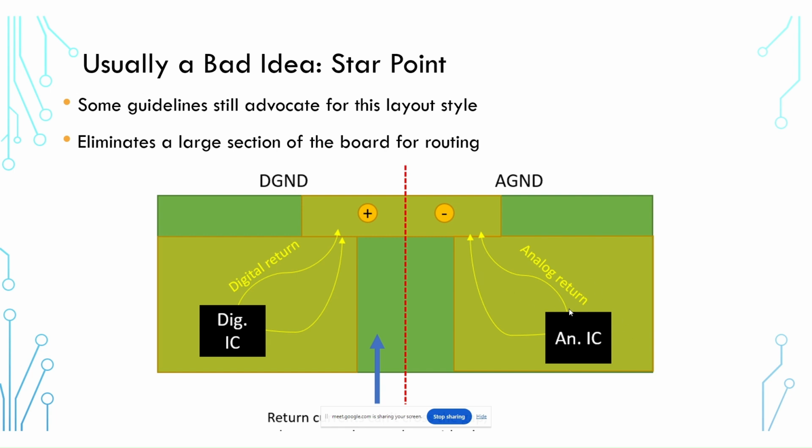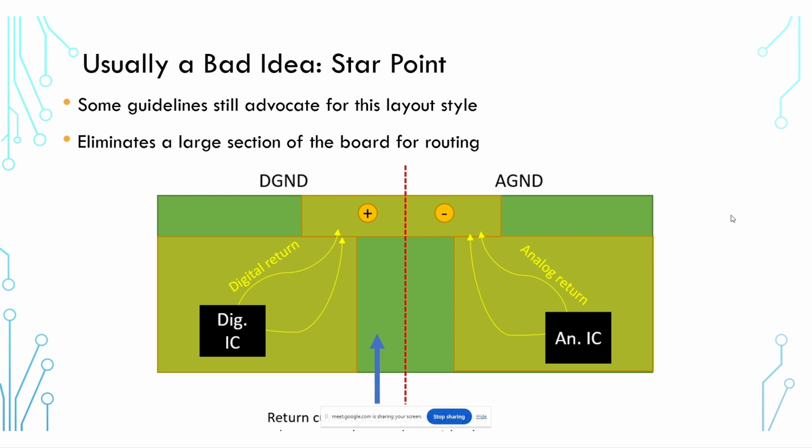If we have our analog subsection operating on this side of the board, and eventually it has to return to this region where we joined our two grounds, we may not be able to track where that return current exists, and it may want to flow close to the region where we have digital routing. That's where we create the potential for mixed signal crosstalk, where the digital section can induce some noise into the analog section, and maybe that interferes with your signals on the analog side.